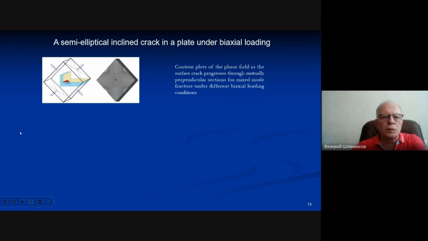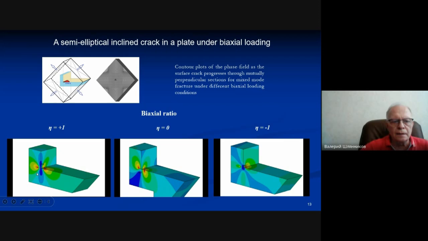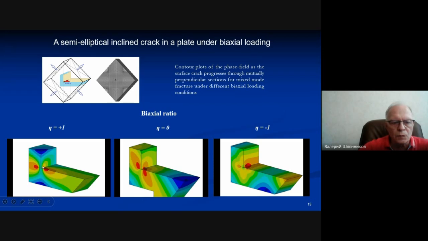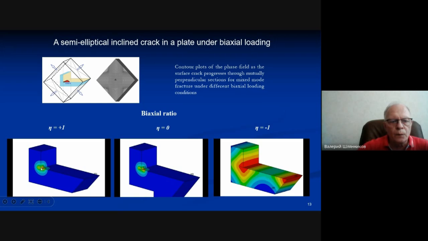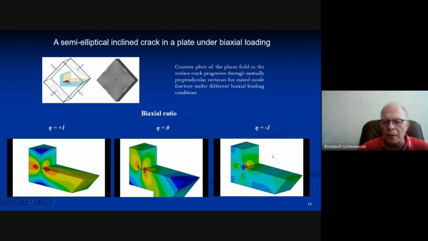The next example shows the behavior of an initial semi-elliptical surface crack in a three-dimensional plate under different biaxial loading conditions. You can see in this video how the initial surface crack transforms from a surface crack to a through-thickness crack, and this behavior depends on the loading biaxiality.